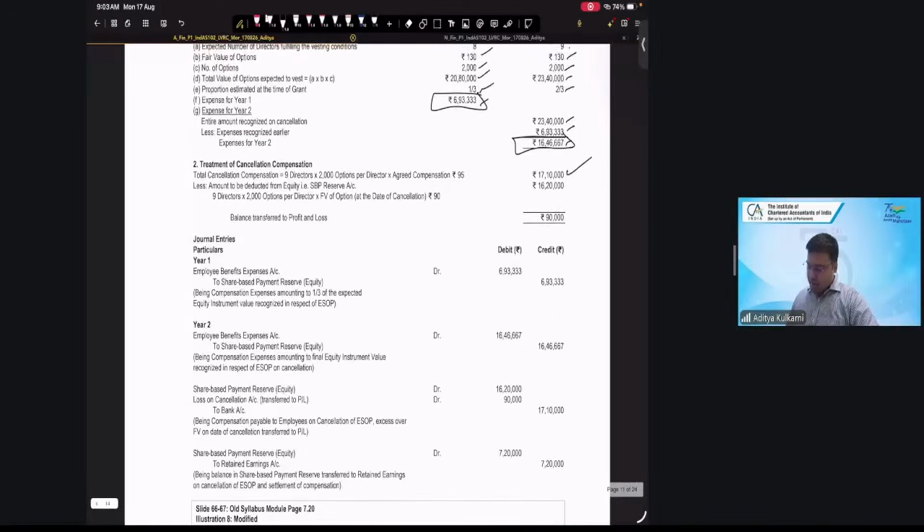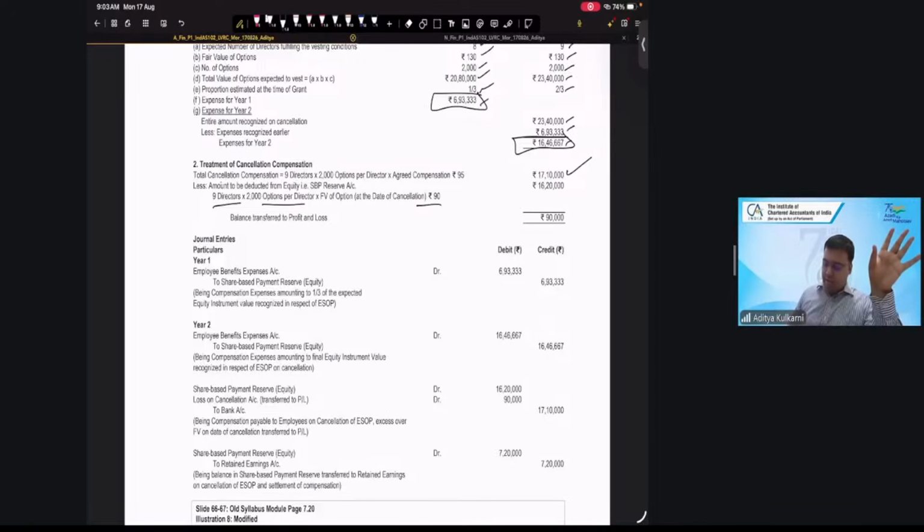How will I calculate that? 9 directors into 2000 options per director into fair value at the date of cancellation, 90. So this is the equivalent that you are paying to the directors out of the SBP reserve. Your total compensation is 17 lakh 10,000.